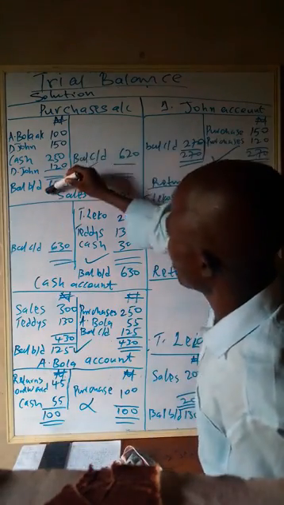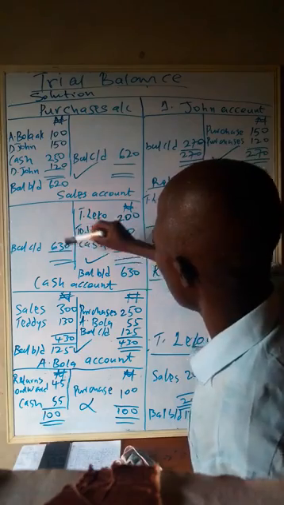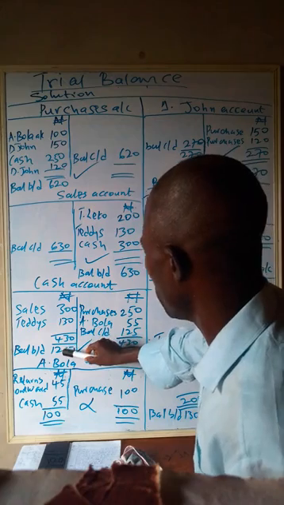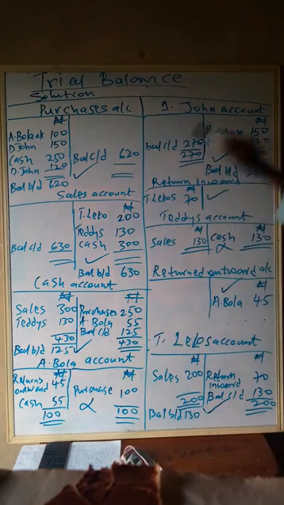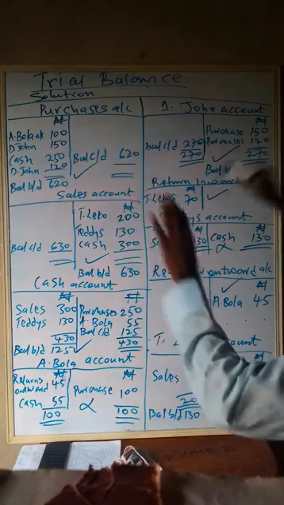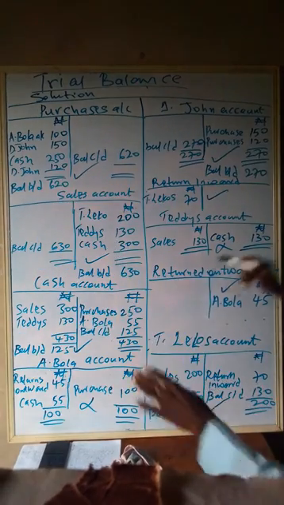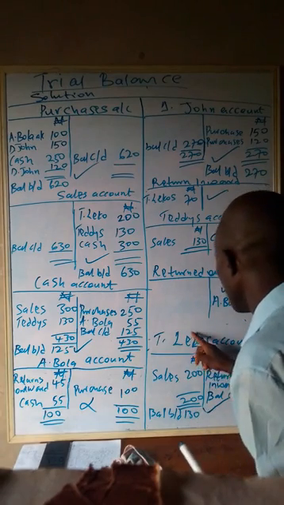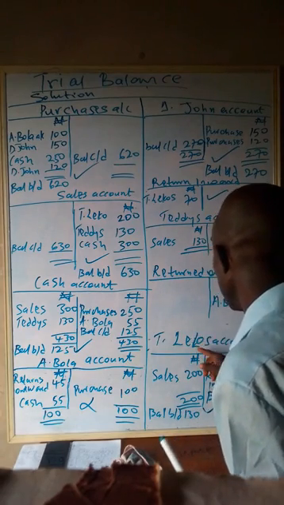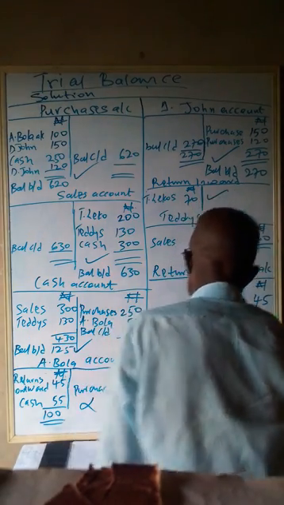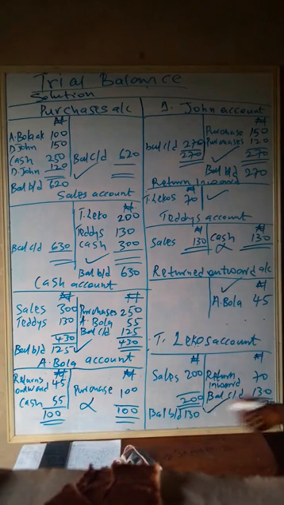Balance CD to become balance BD is going to trial balance. Returns, there is no balance. Take it to trial balance like that. Return outward, no balance. Take it to trial balance like that. T liquors, balance CD comes here as balance BD.